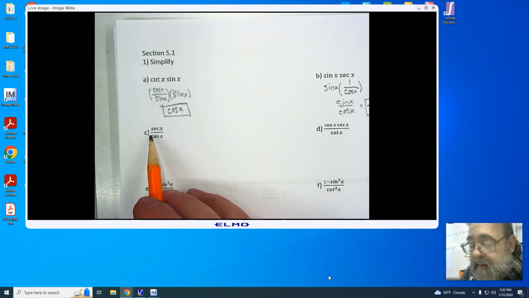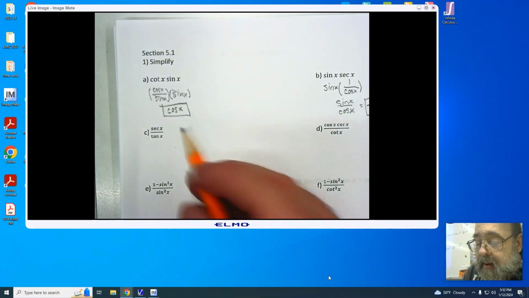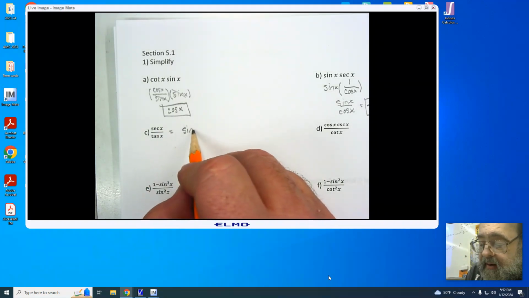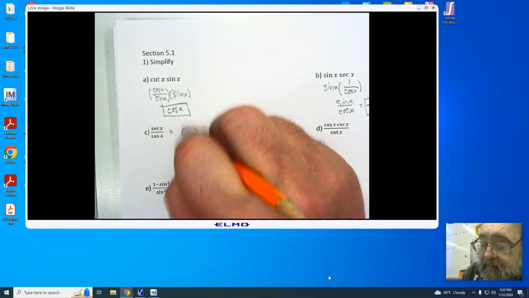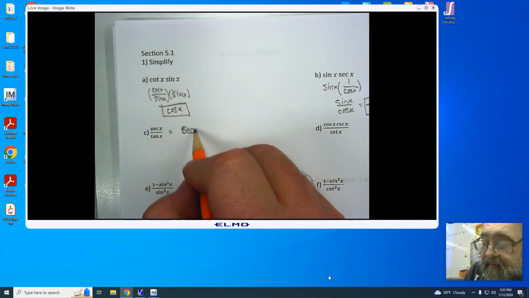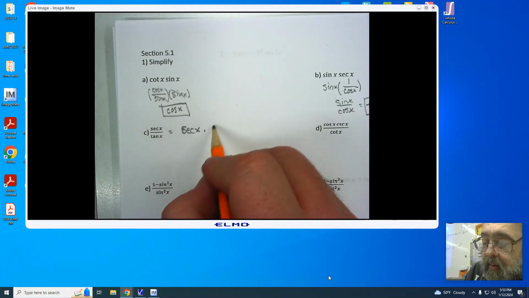Notice the second one, secant over tangent. You're always going to want to break complex things up, so I'm going to call this secant of x times 1 over the tangent of x.